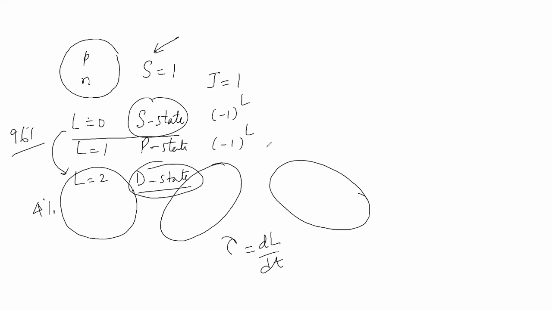L equal to 1 is not possible because of parity conservation. That is why you add L equal to 2. But just an admixture of L equal to 2 for 4%, you get the net result of the quadrupole moment. That is why you have this picture, while spin is 1 for a deuteron.